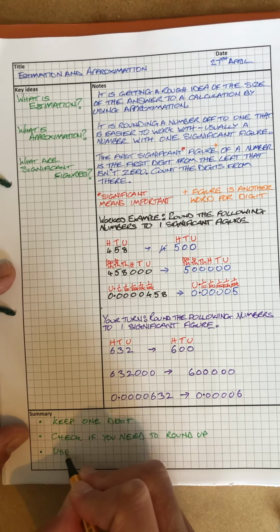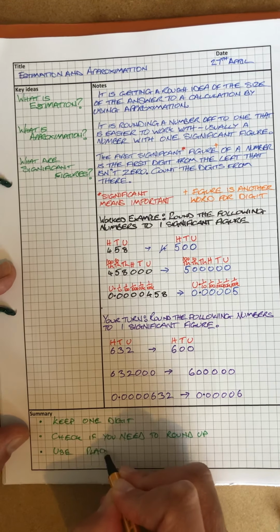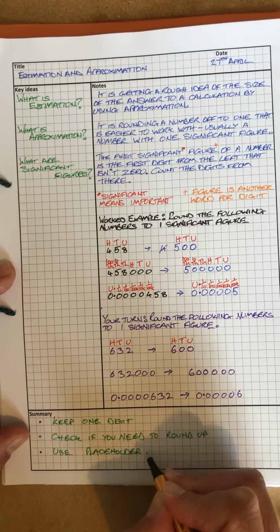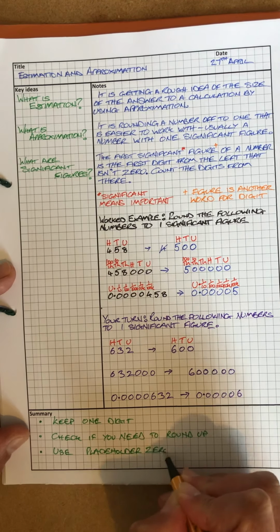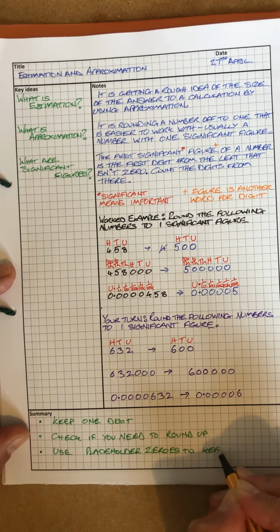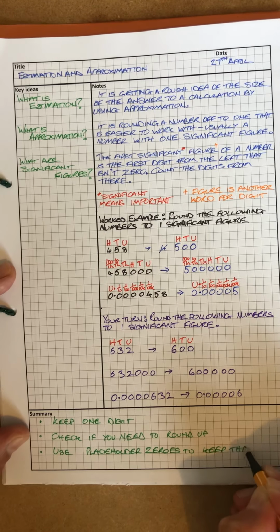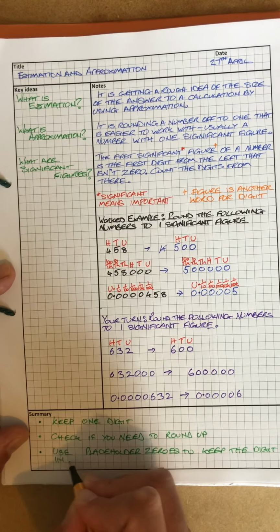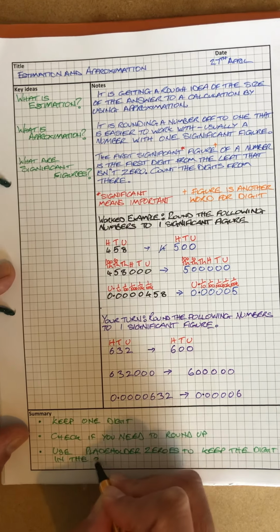And use placeholder zeros to keep the digit in the correct column.